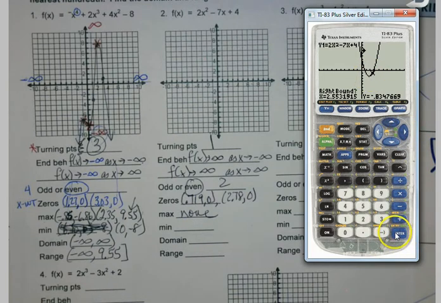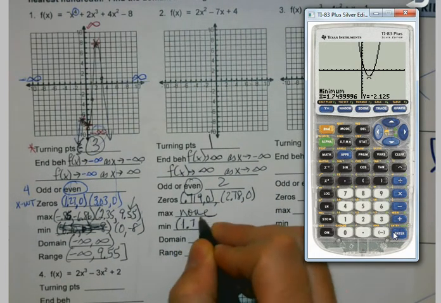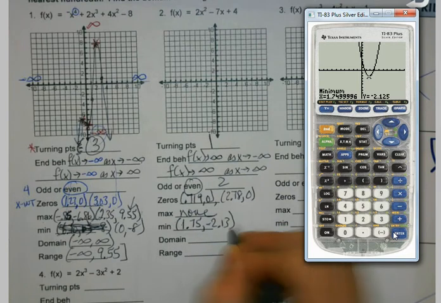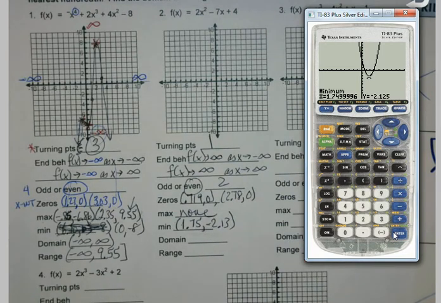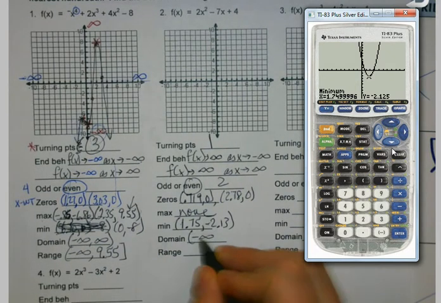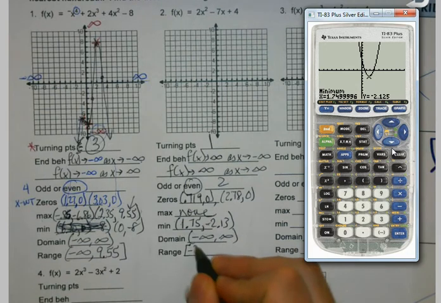Trap that min in down there. 1.75, negative 2.13. And then my domain and range based on my information. Well, again, domain's the easy one. Range, bottom to top. Yes, sir. Negative 2.13 to infinity. There you go.